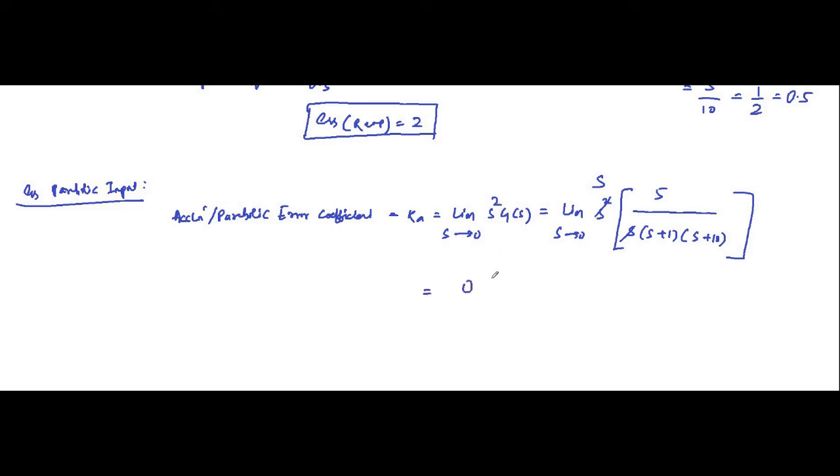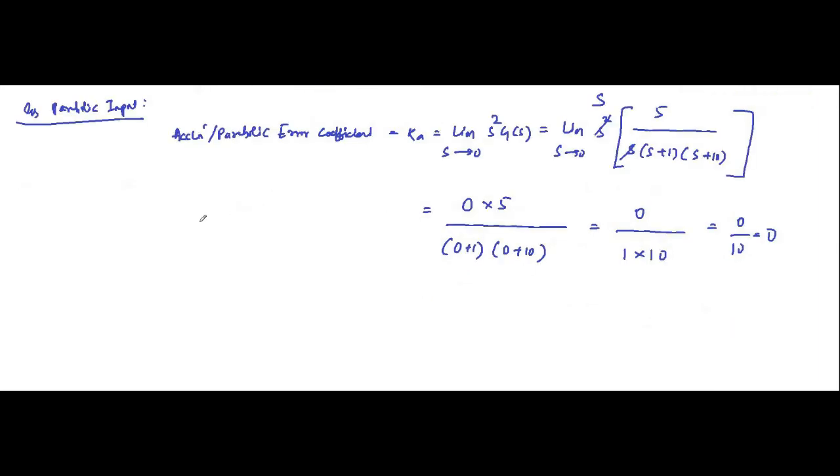So it will be equal to 0 into 5 by (0 plus 1) into (0 plus 10). So that will be equal to 0 by 1 into 10, which is equal to 0 by 10, which is equal to 0. So here the acceleration error constant is equal to 0.